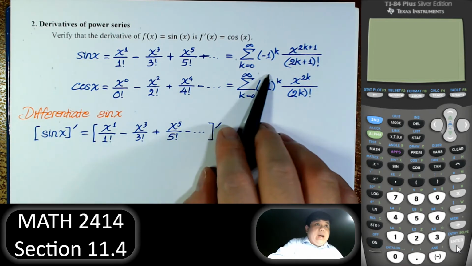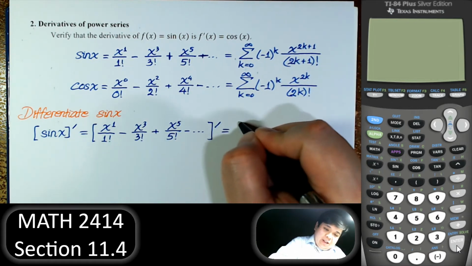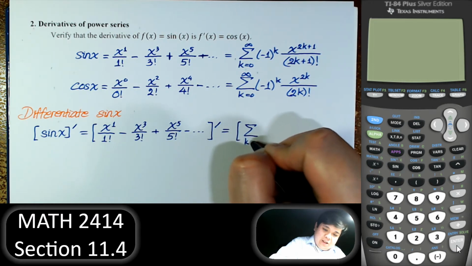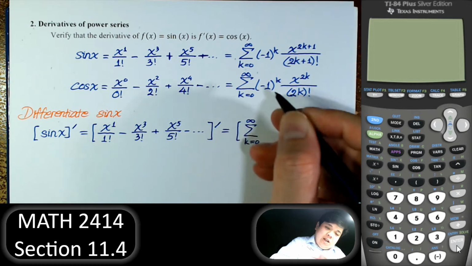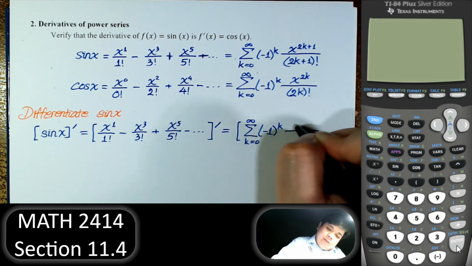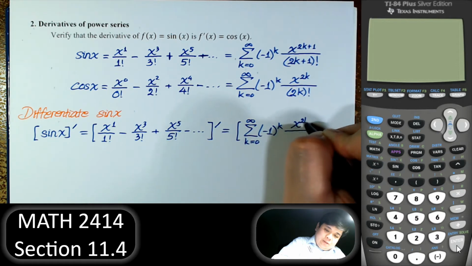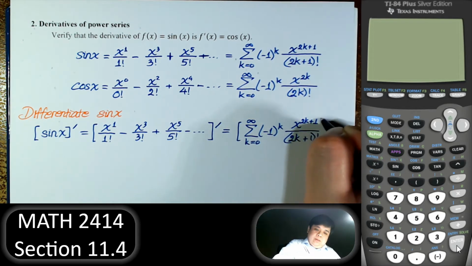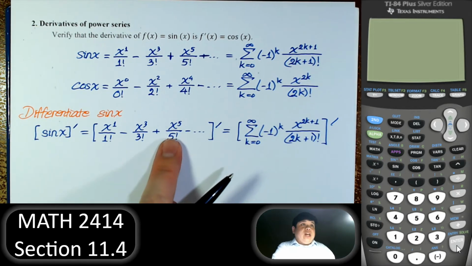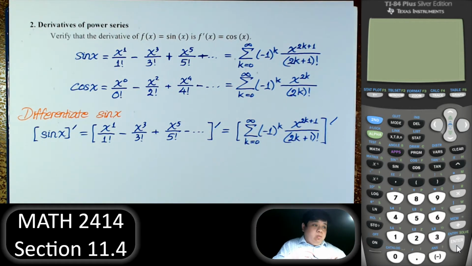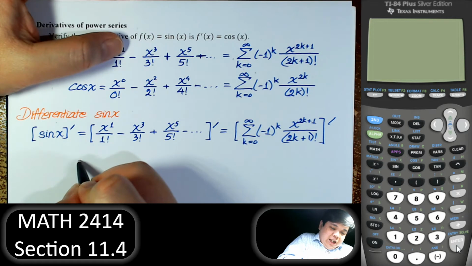Or we can also write the derivative of the whole series in summation form. We can take the derivative term by term, or we can take the derivative of the whole series in summation form.